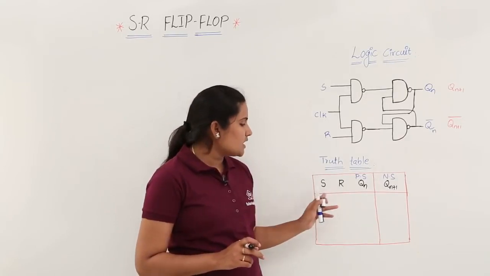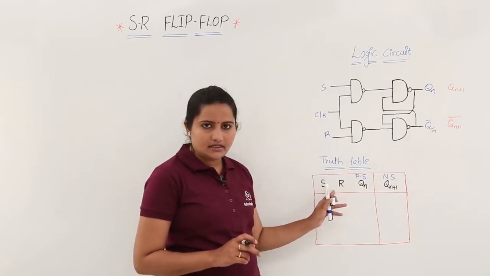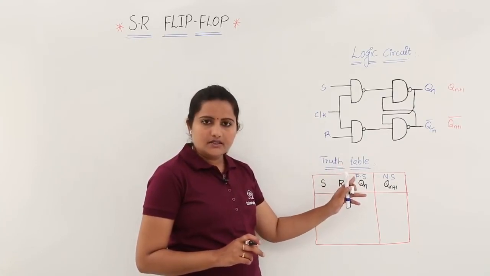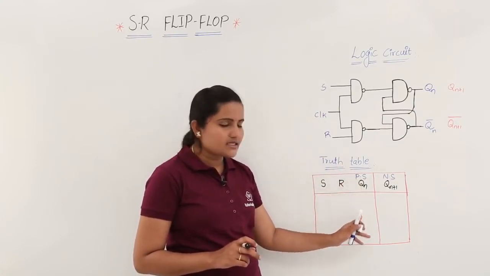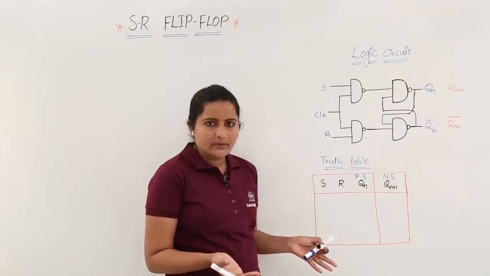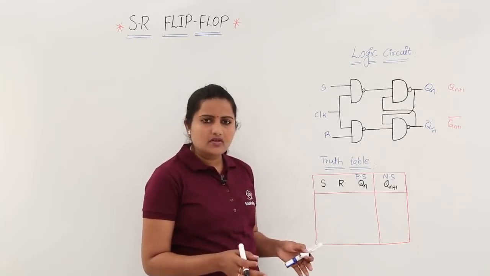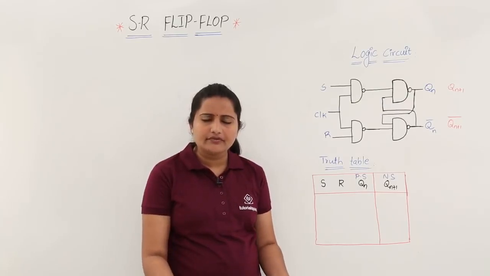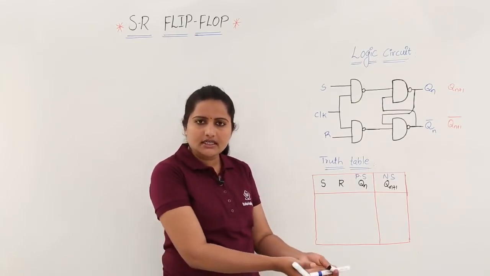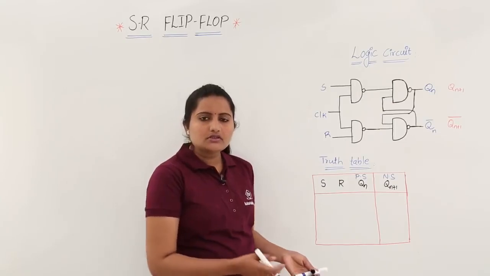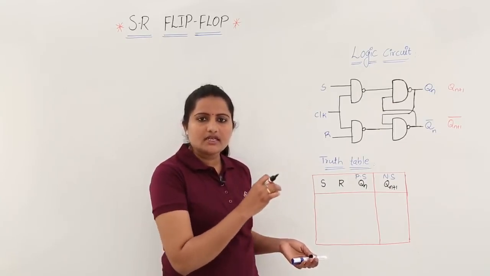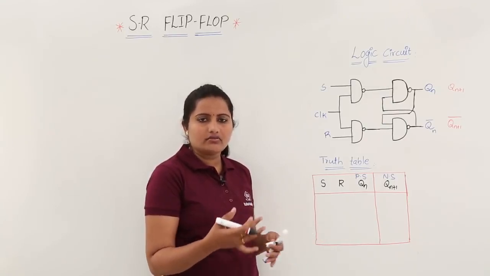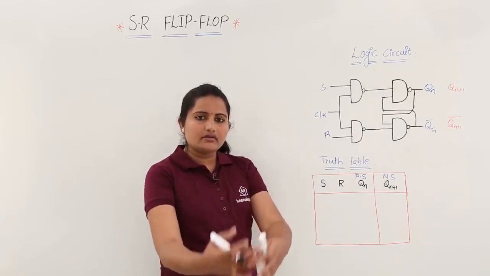My inputs are S and R, set and reset inputs, and here Qn is the present state. This is also taken as a reference, but we do not know that present state. Because if anyone gives you a circuit like an SR flip-flop, we do not know in which state it is. So we just need to give an input sequence, that means S and R values either 0, 1 or 1, 0 like that, and it is going to give the next state.